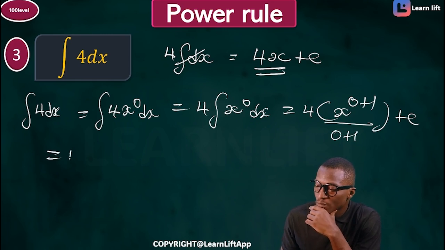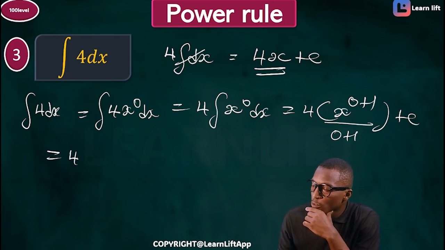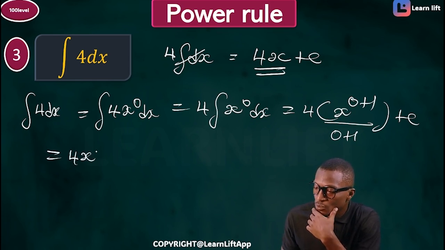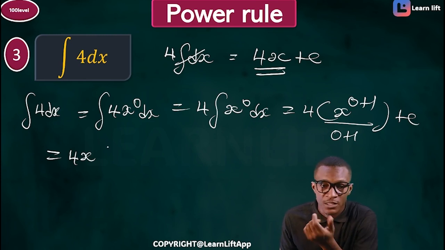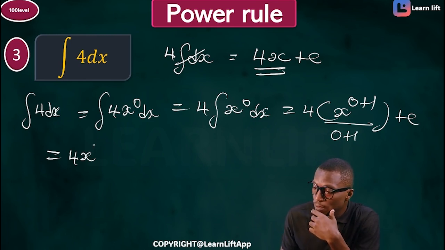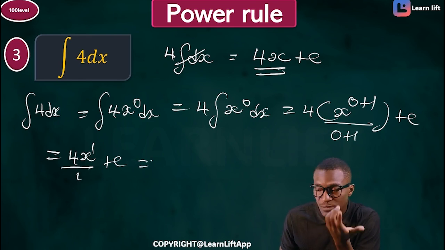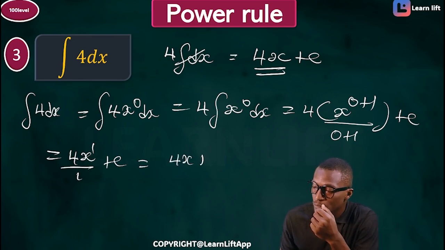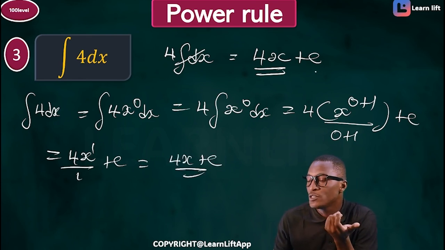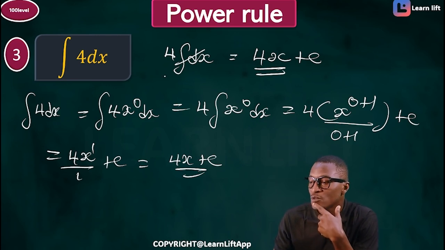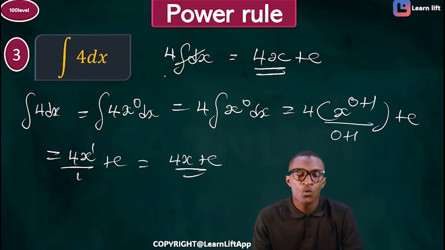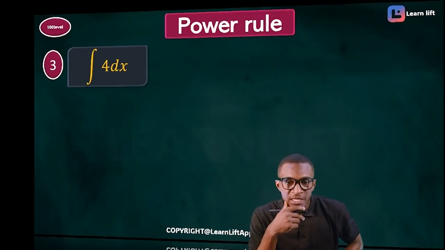That will practically give me 4, 0 plus 1 will give me x raised to power 1. X to power 1 means x all over what? This is x to power 1 all over 1 plus c. X to the power 1 is the same thing as x, and this is the same thing as 4x plus c. So either you do this or you let the derivative cancel the antiderivative. Is that cool? Quickly, let's take the next question.